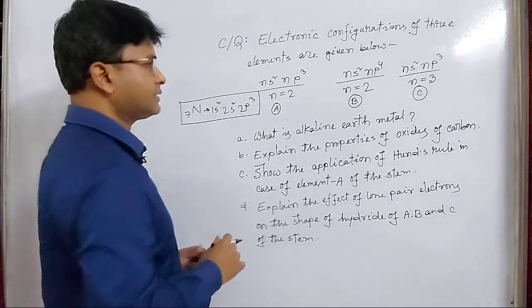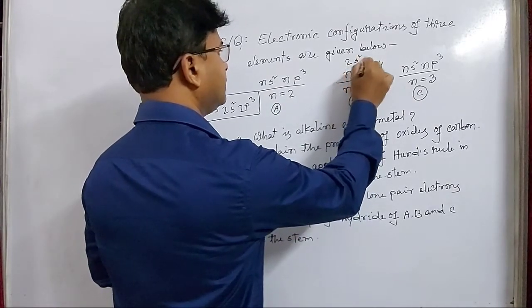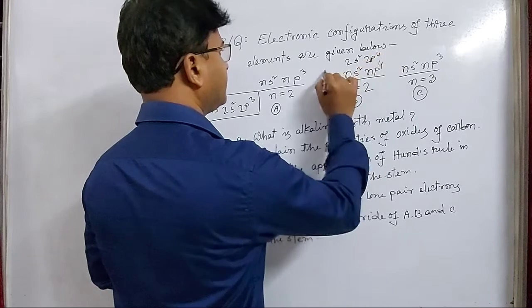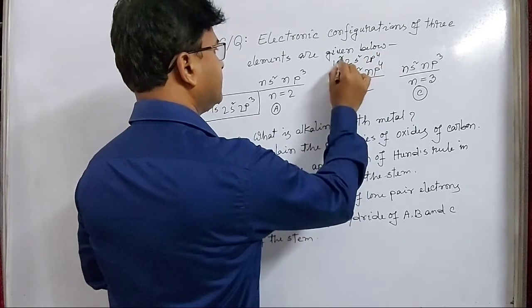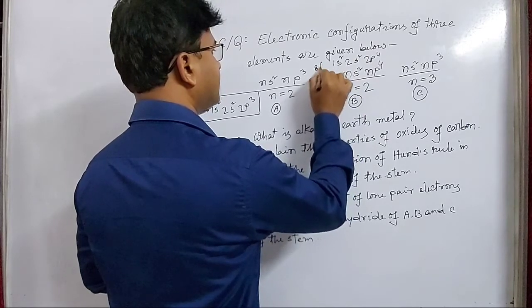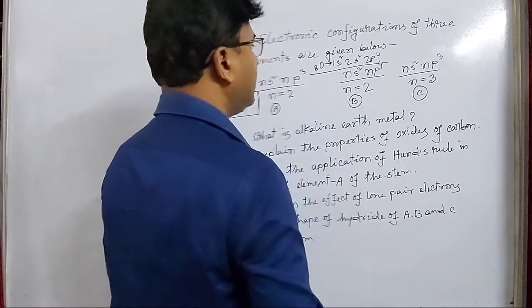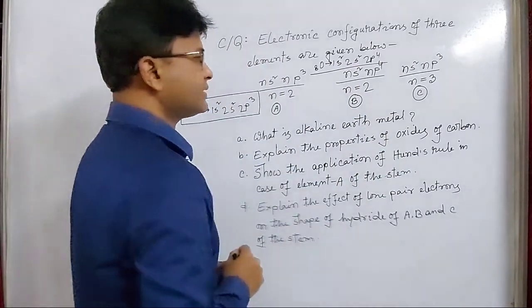Again, if I consider B, 2s2 2p4 1s2, 2 4, that is 8. You know that 8 means oxygen. So students, B indicates oxygen.